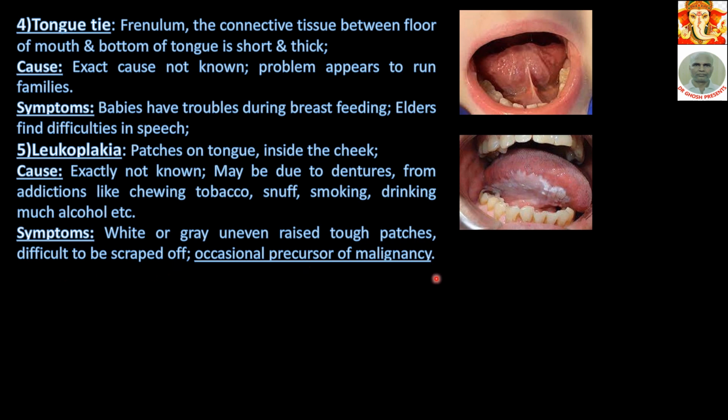Occasional precursor of malignancy. That is the important thing, mind it. Leukoplakia is generally benign, that is, not dangerous, but sometimes it may be a precursor of malignancy. That is, cancer may start from this type of skin disease also.